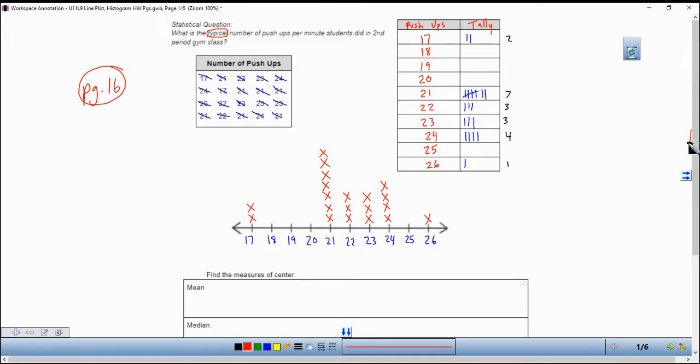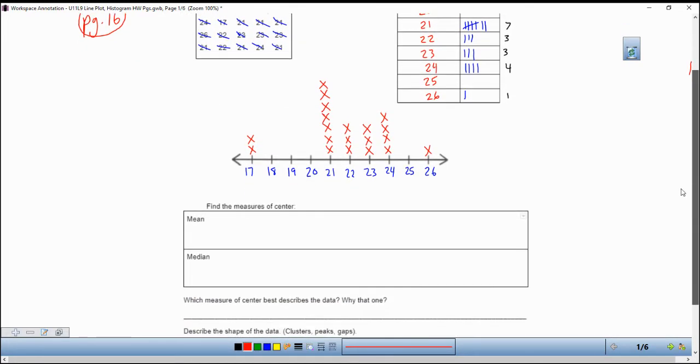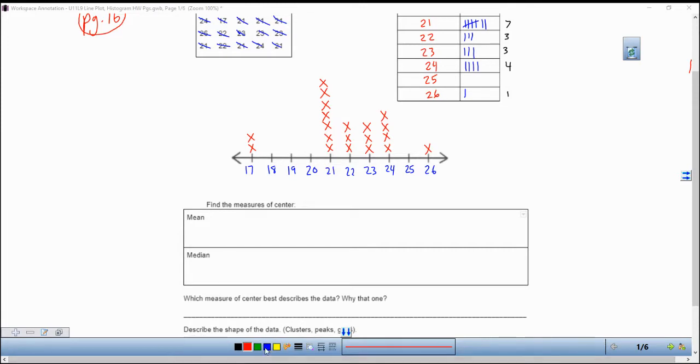All right, let's find the measures of center. This will show us where the center of the data is. First, we'll find the mean. To find the mean, we'll add them all up and divide by how many there were. So let's add them all up first.